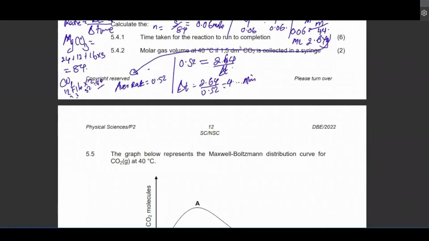So that's the actual answer. So 4.8. Yes. So now let's look at this 4.8.